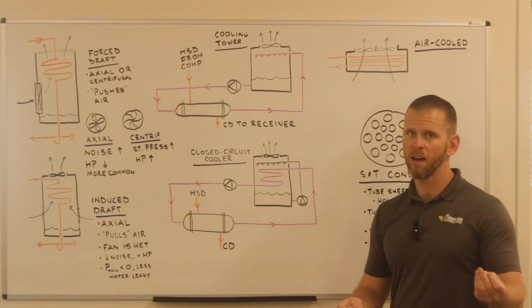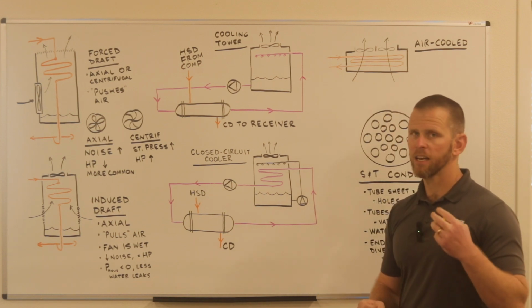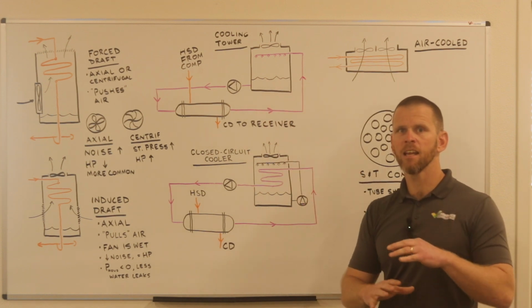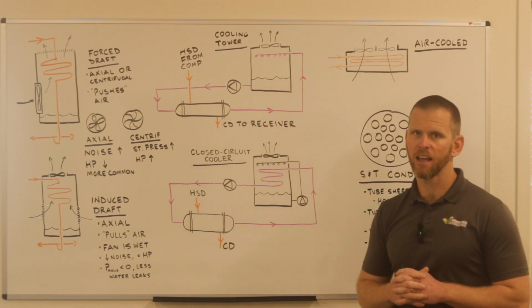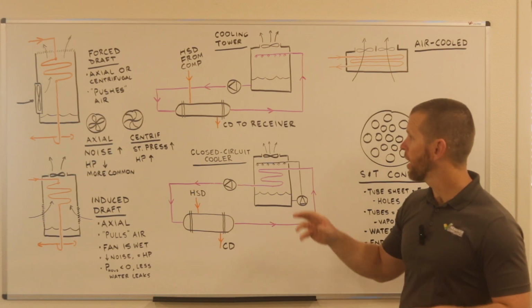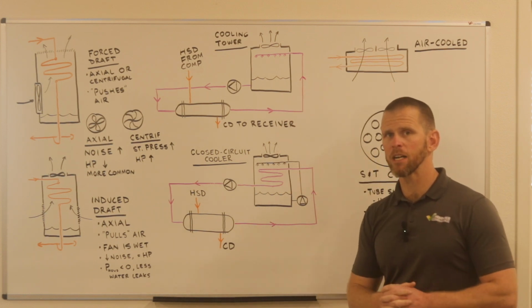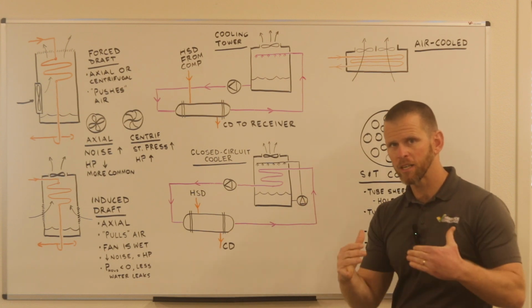Furthermore, we will have a maintenance burden and a cost burden as it relates to taking care of our tower, cleaning it, treating the water inside the unit as well. But it is a more common approach, especially for ammonia refrigeration, because it allows us to bring down our discharge pressure.